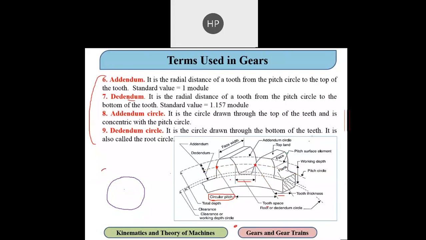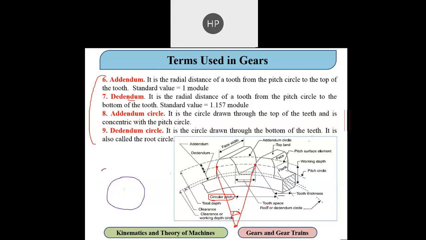Now if you join this point to the center and this point to the center, whatever angle you get over here, this is the pitch angle.